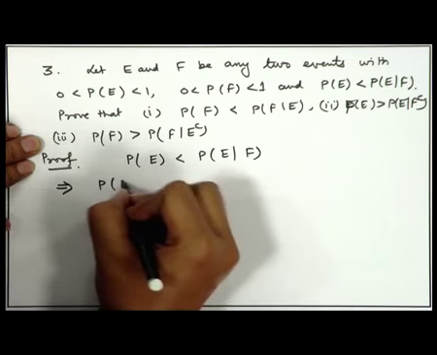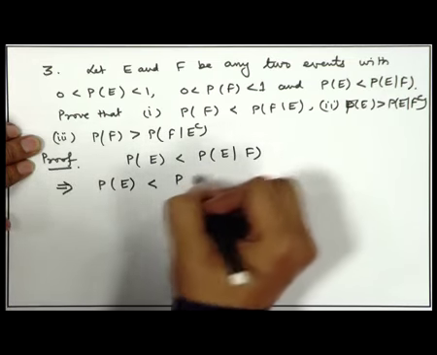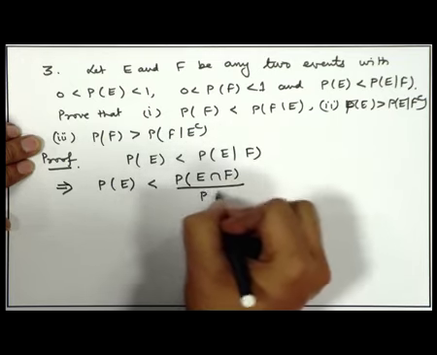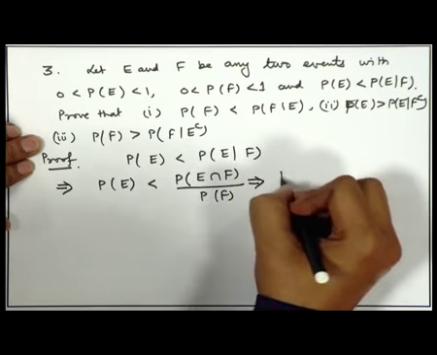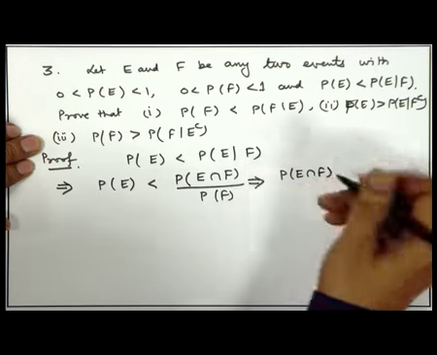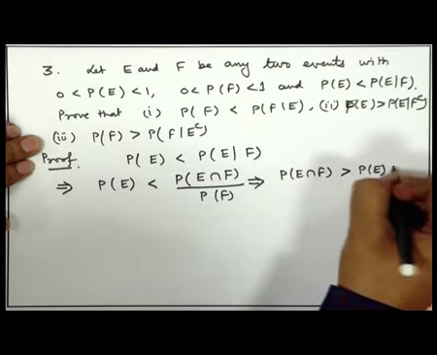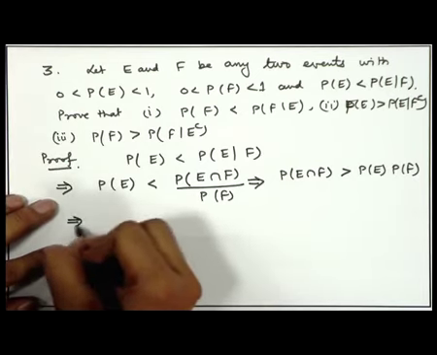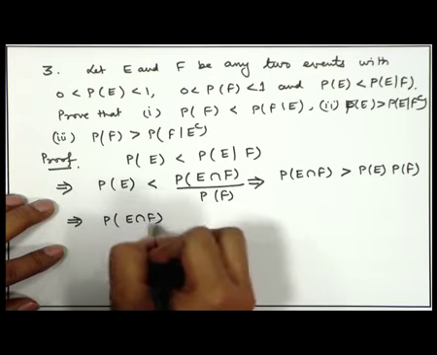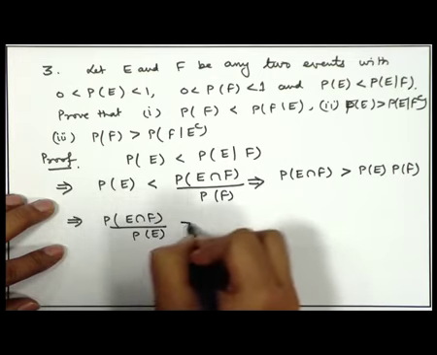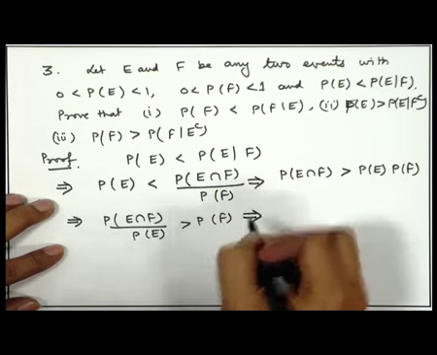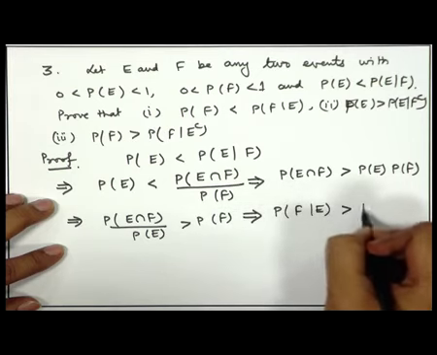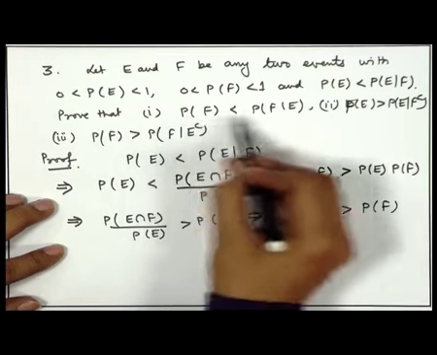If we simplify this condition and apply the definition of conditional probability, probability of E given F is probability of E intersection F divided by probability of F. So, this means probability of E intersection F is greater than probability of E into probability of F. Now, this you can write as probability of E intersection F divided by probability of E greater than probability of F. Now, this is nothing but probability of F given E greater than probability of F. So, this is proving the statement 1.